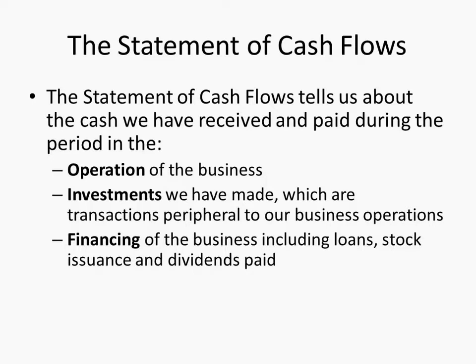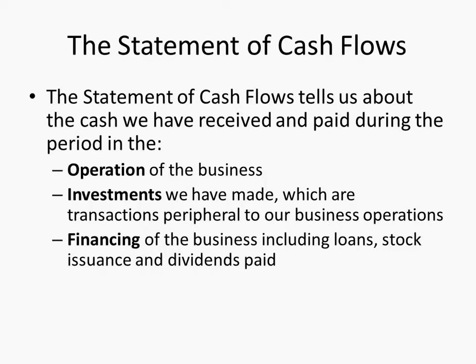Okay? And it also tells us how much cash we received or paid in financing of the business, which would be like these loans that I use as an example. If you're taking out loans or repaying loans, issuing stock, paying dividends, these are all activities related to financing.